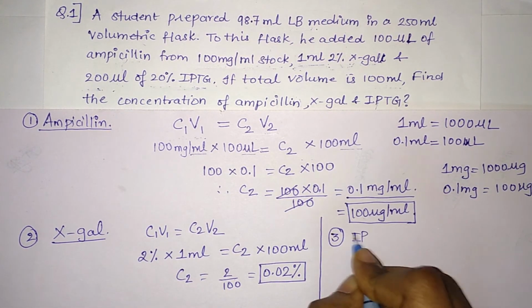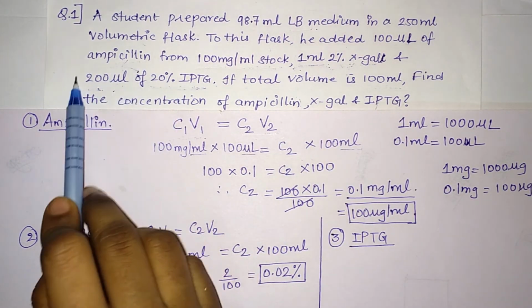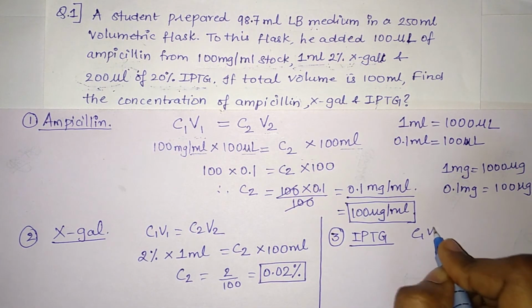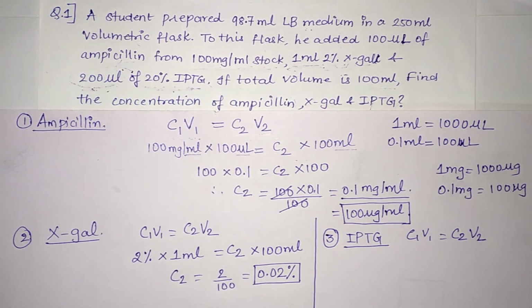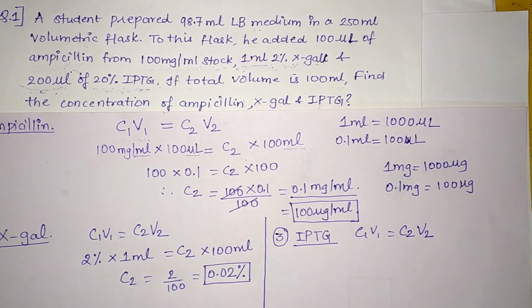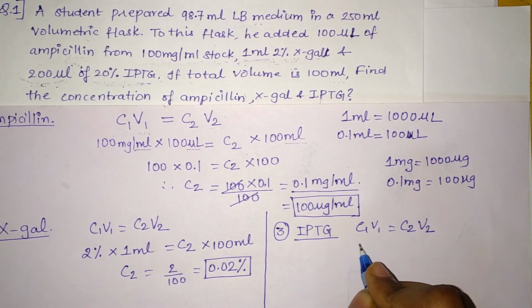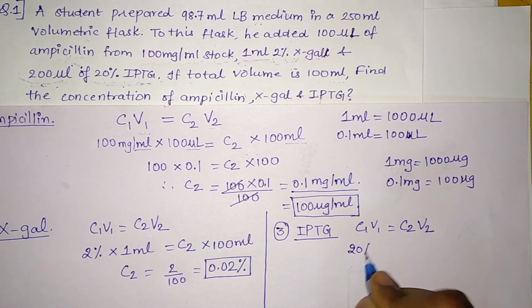Similarly, let us solve this for IPTG. It is given here that IPTG was taken, 200 microliters from the 20% stock. So here again C1 V1 is equal to C2 V2. C1, the concentration of your stock solution, is 20%.